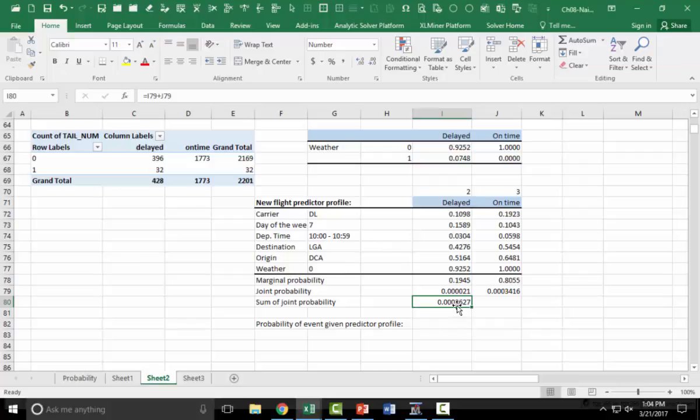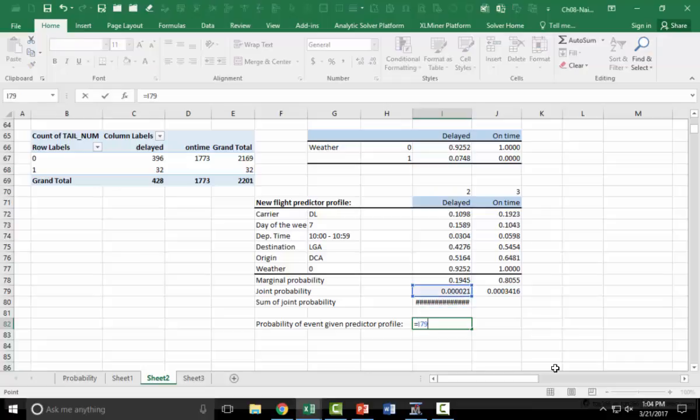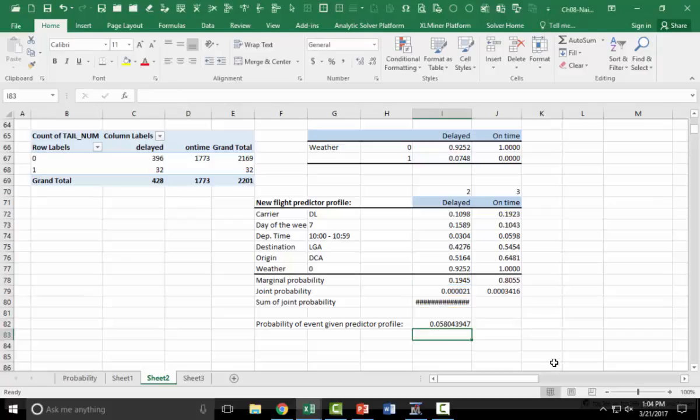Now you divide that into each of them. So you take that and divide by that, and make sure that you absolute reference that.